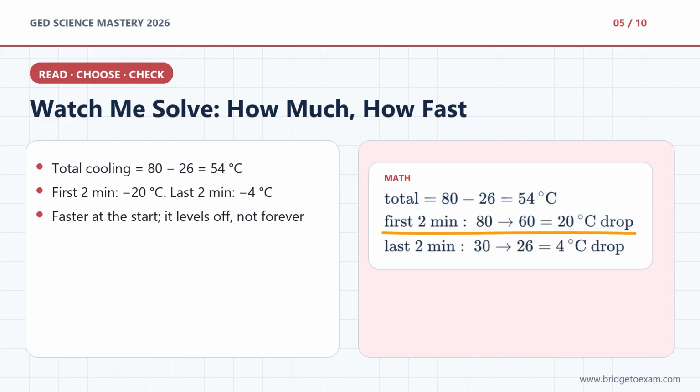That is 20 degrees. In the last 2 minutes, it dropped from 30 to 26, only 4 degrees. So it cools much faster at the start. Check. The units are degrees because this is a temperature change, not a speed. And I will not claim it keeps cooling forever. It is heading toward room temperature and will level off.